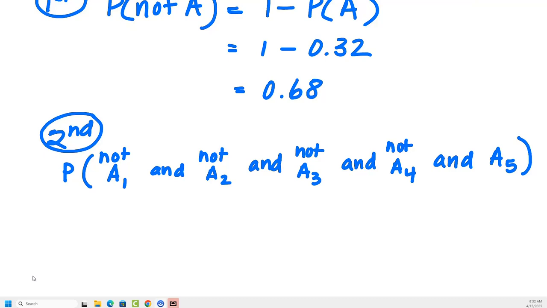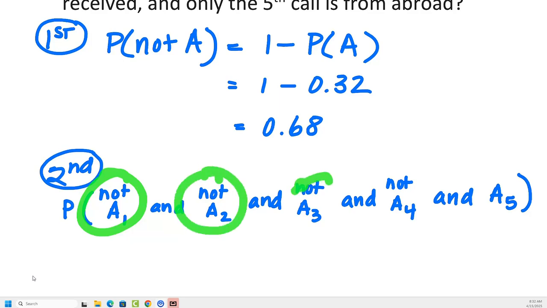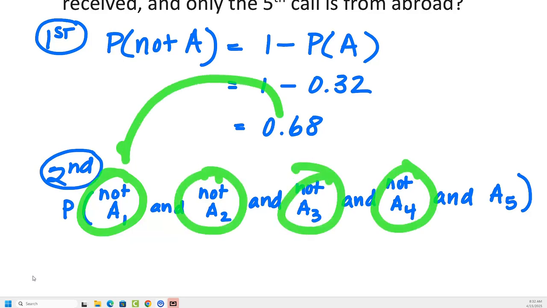You see that? So that's why I had to figure out the not A. Because I need it for these 4, don't I?